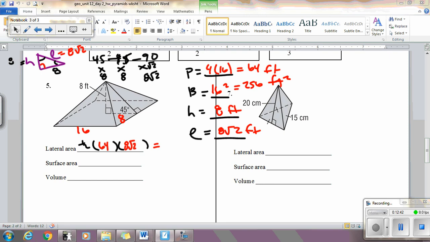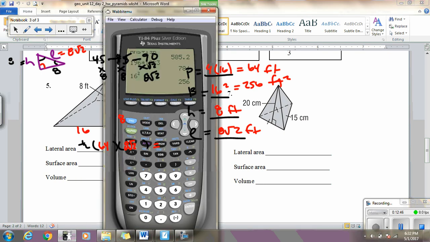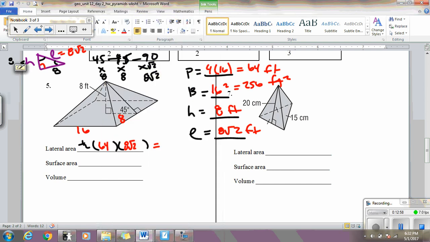So I'm only going to multiply 1/2 times 64 times 8. And I get 256. So my lateral area is 256 square root 2 feet squared.